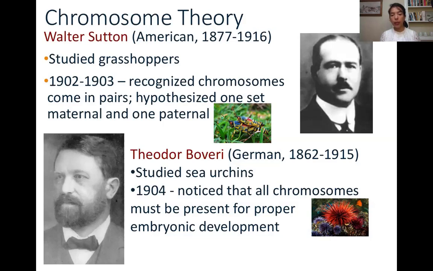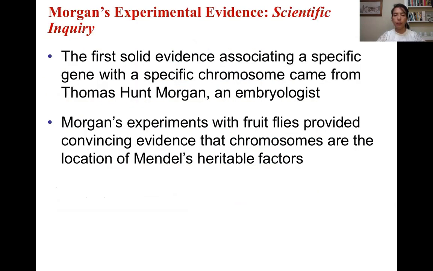Theodor Boveri studied sea urchins, and what he noticed is that when there was an abnormal chromosome, there was an effect on the proper embryonic development of these sea urchins. Now, after the chromosome theory of inheritance was proposed, there was more support coming from Thomas Hunt Morgan.